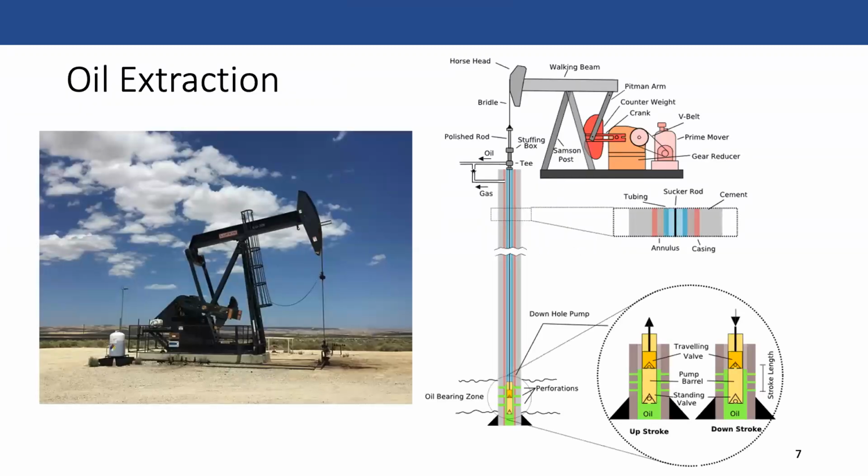How do we get at this resource? Oil extraction is actually not such a complex process. This is an oil derrick. Once you drill into the ground, essentially you put these long rods, called sucking rods, that mechanically bring up oil in the zone where you have the fuel located.